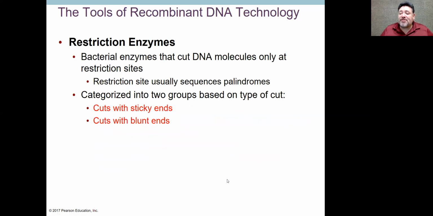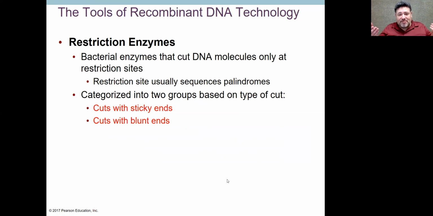Moving on, we have restriction enzymes, okay? Like I said before, typically you have a gene of interest, and that gene of interest has to be incorporated into a plasmid, and then that plasmid goes into a bacteria. So what that means is that we have to cut the gene of interest and the plasmid with chemical scissors. And not only do we need to cut them with chemical scissors, we have to cut them in such a way that the ends are typically complementary, okay?